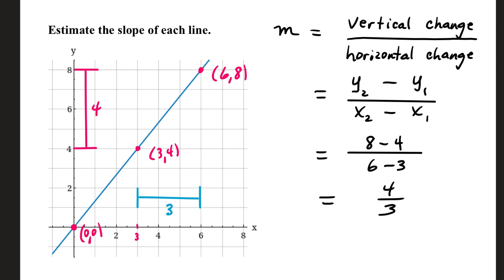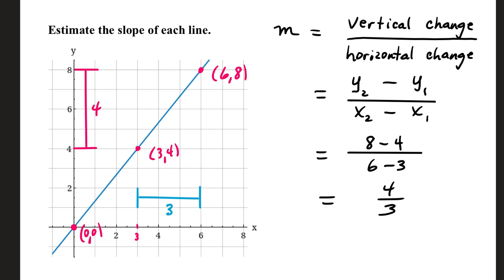The overall rate of change from point to point on this line is a rise of 4 units and a run of 3. So verbally describing slope, we have vertical change over horizontal change. Vertical change can be calculated by taking your y value minus the other y value.